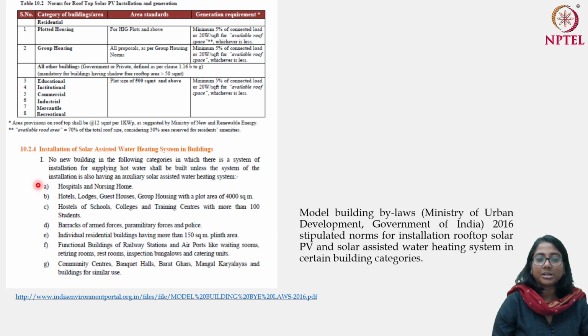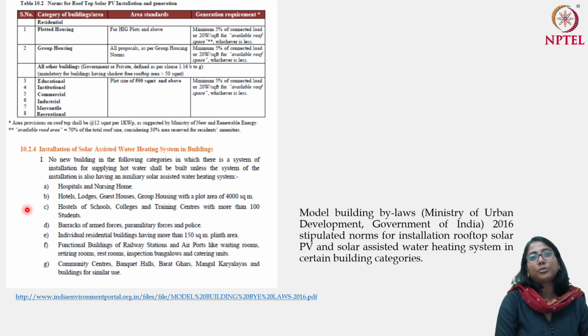For example, hospital and nursing home, hotels, lodges, then hostels, barracks, the community center and so on. Here it is saying that this kind of building, which has a particular area and also a particular load, has to mandatorily install the solar assisted water heating system for future use.